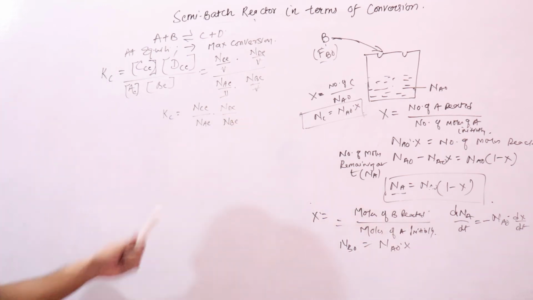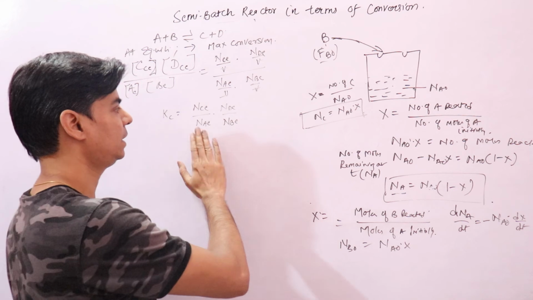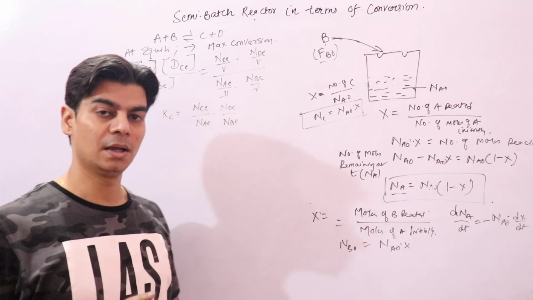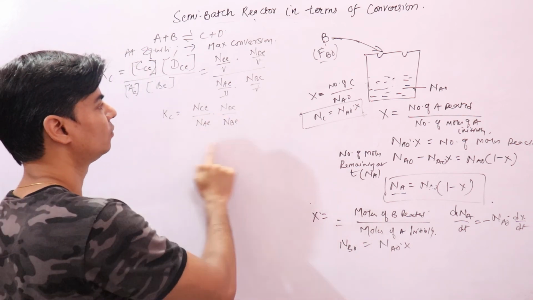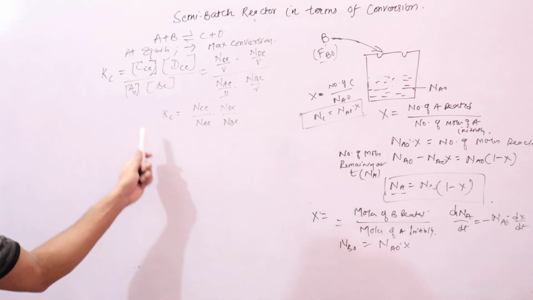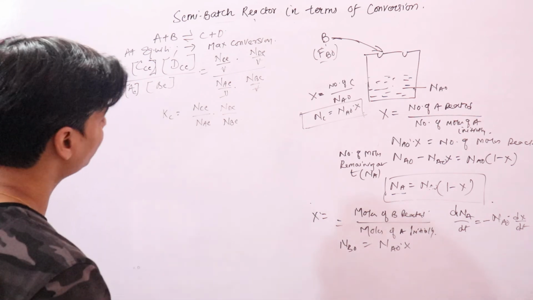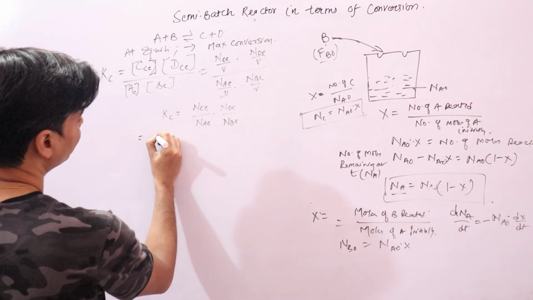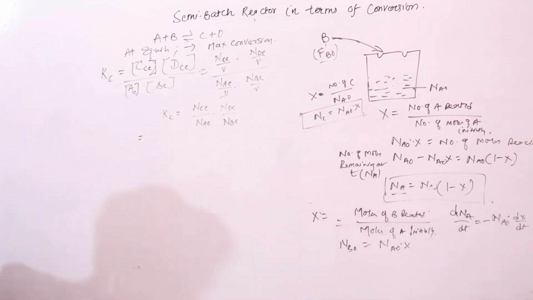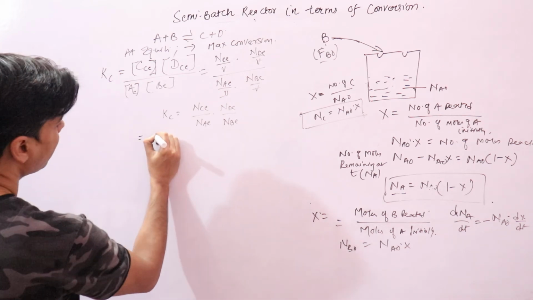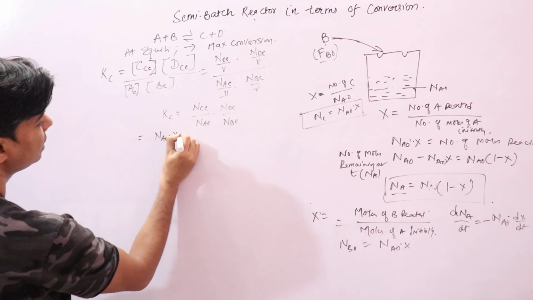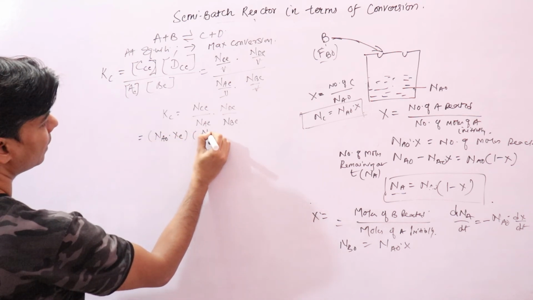So you have to calculate the number of moles at equilibrium. Once you know that, you will solve this equation further. We have already calculated these as NA0 Xe.